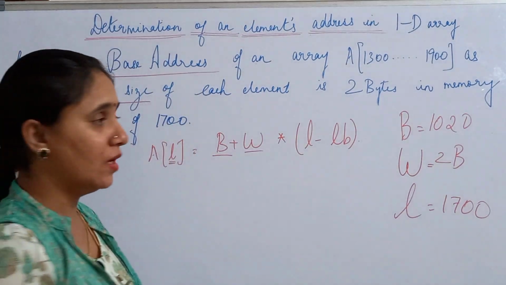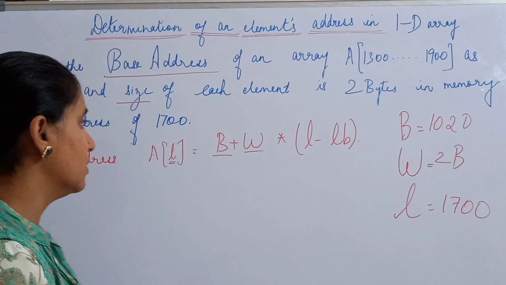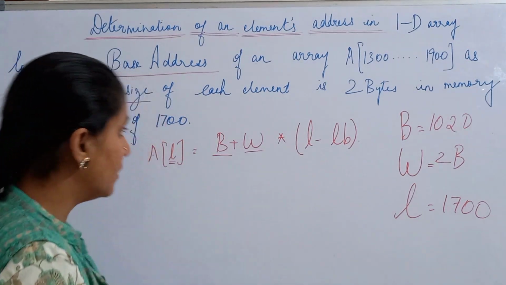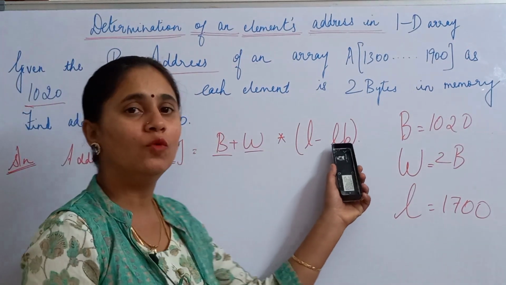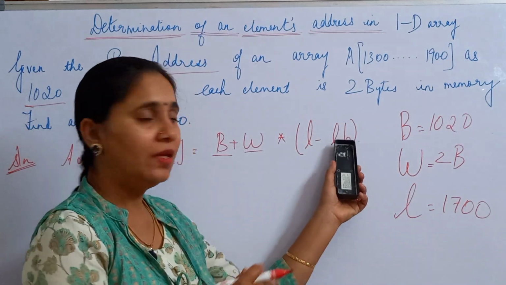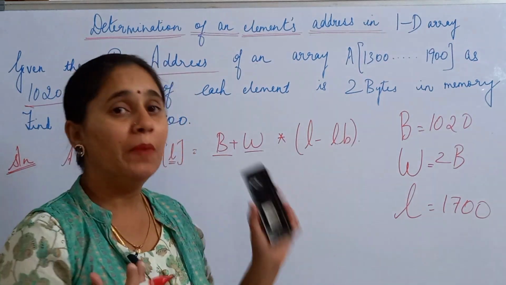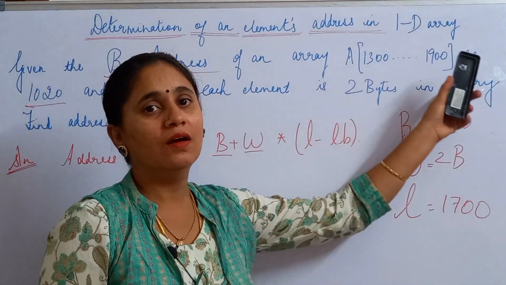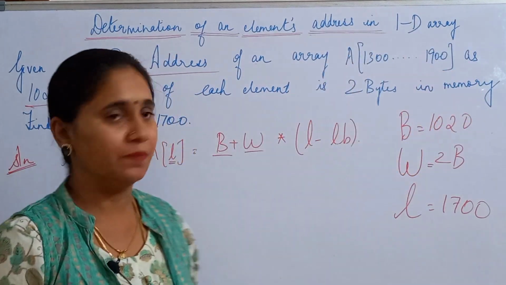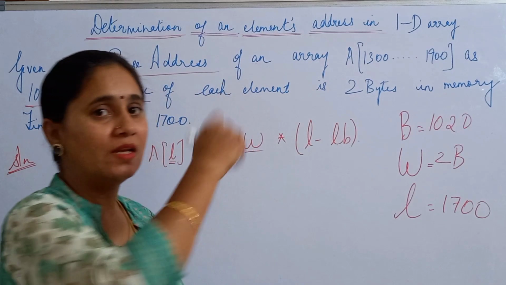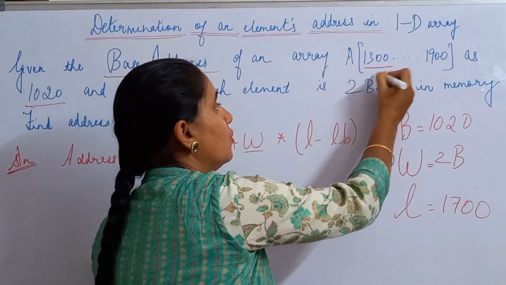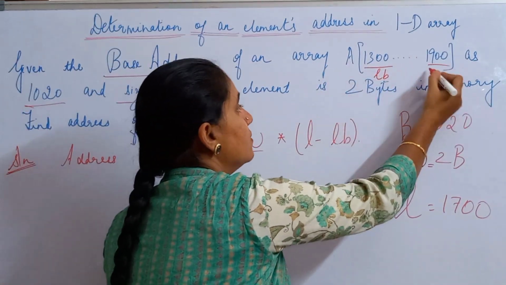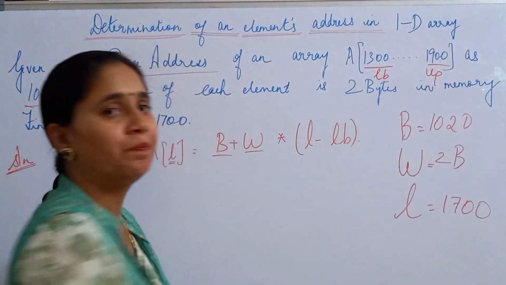Now we will proceed with solving it. Another thing is that we must know the value of the lower bound. Is it given directly? It is not given directly, but you have to find it from the array index values that are given. As I mentioned in the last class, this is your lower bound and this is your upper bound.